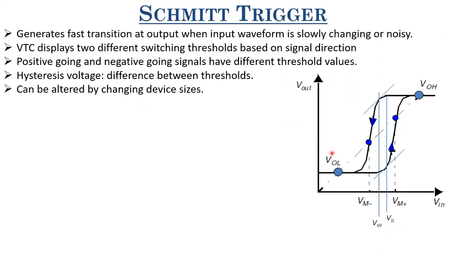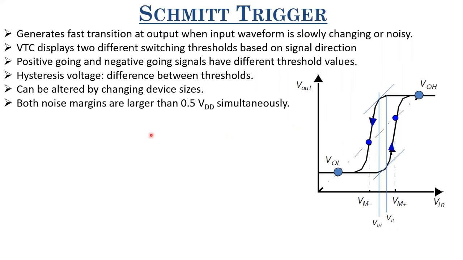Here the noise margin high as well as the noise margin low can be larger than 0.5 VDD simultaneously. So that's the advantage. Typically, noise margin high plus noise margin low equals VDD, right? But here, because of the varying thresholds, both noise margins can be greater than 0.5 VDD. So it's a boon for us, right?